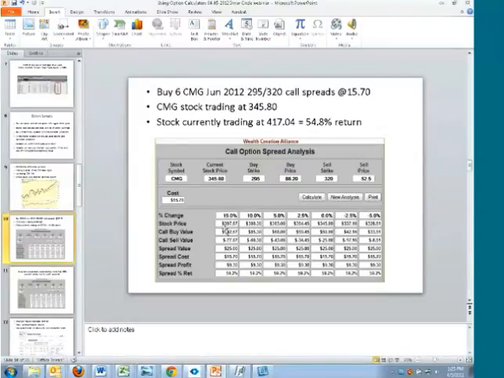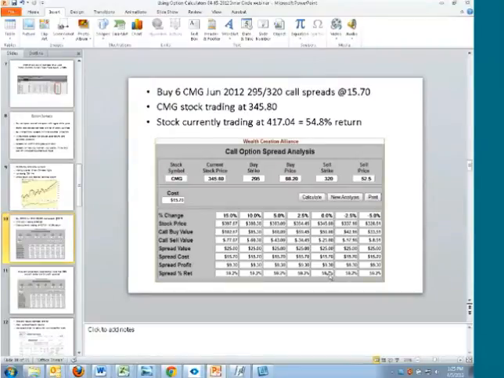So if it goes up 15% at option expiration, the stock will be trading at $397.67, and this spread would produce a 59.2% return. So the stock is actually above $397 right now, but at the time, this gives me an idea that this spread, even though we have downside protection, and if the stock remains flat at expiration at $345.80, we're still going to realize a 59% return.